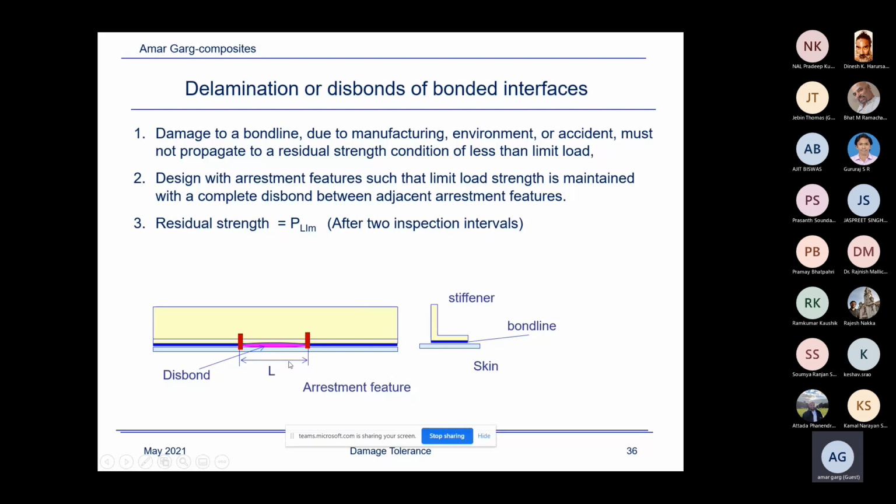Now your question is whether we can use da/dN type of analysis. You can do it as long as you are confident in propagation prediction. However, again, you have to show that in 2 inspection intervals, the damage which is propagated will not go beyond your prediction.